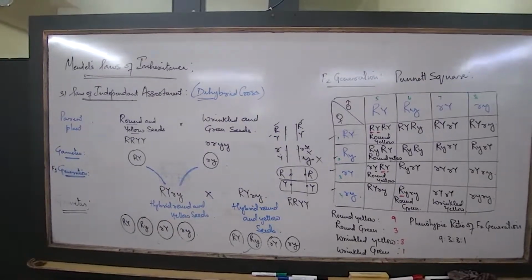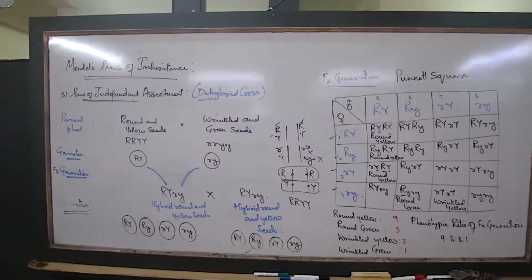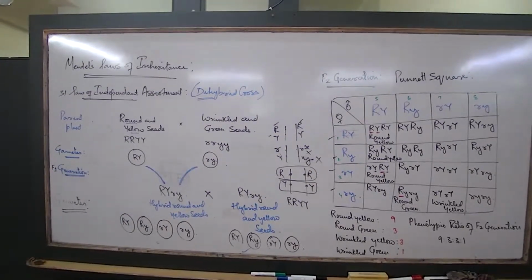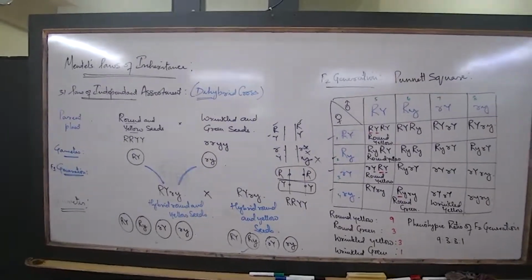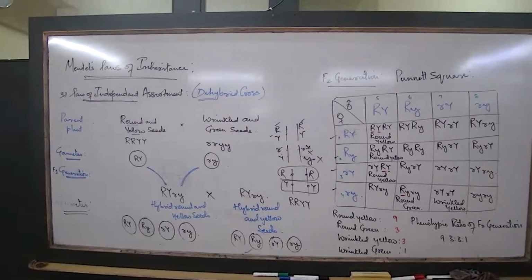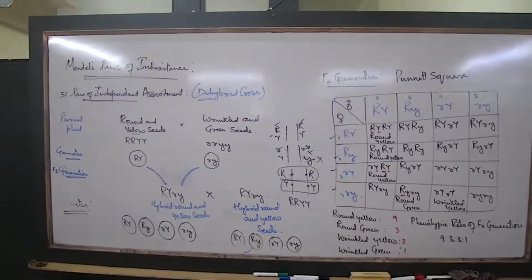Third type will be white, inflated, white, constricted. 4 types. What will their respective numbers be? Should be 9:3:3:1. Nothing apart from that.